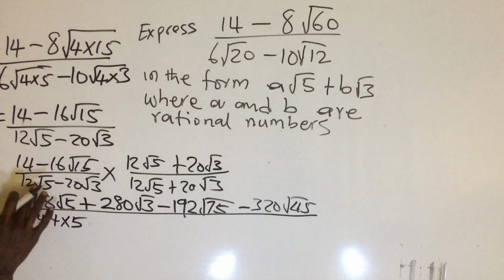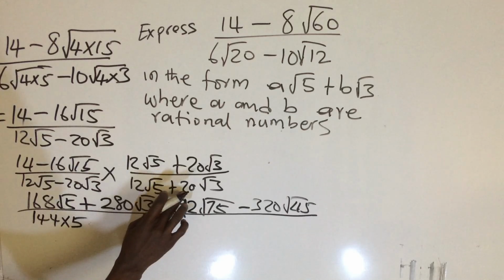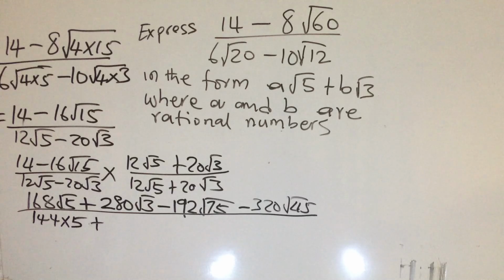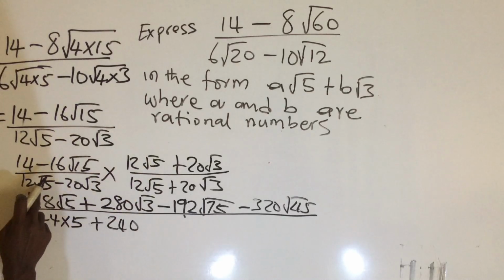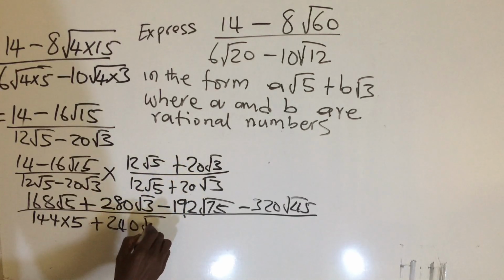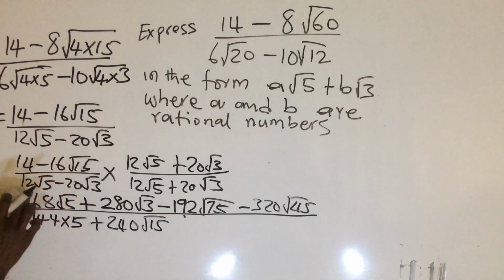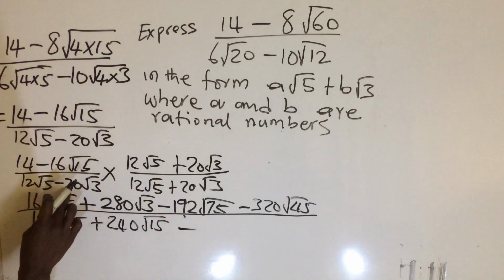Okay, let us finish this one. The same 12 root 5 times plus 20 root 3, plus 12 times 20, 240, then root 5 times root 3 is root 15. Now let's start with this one.